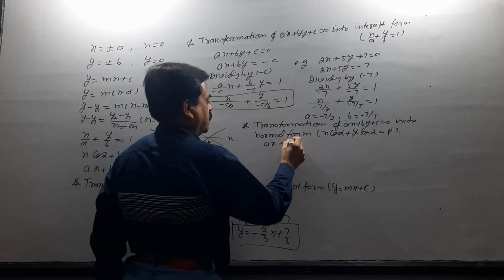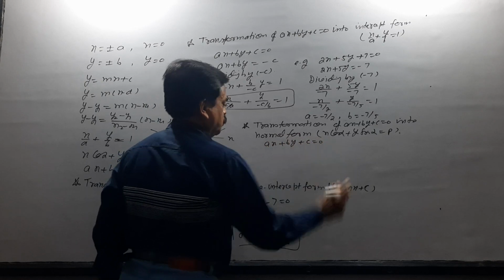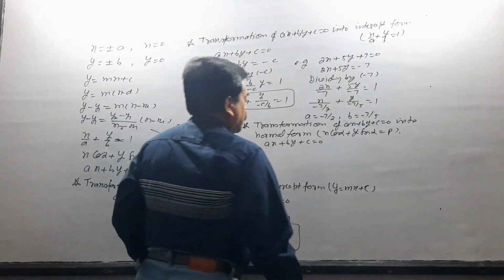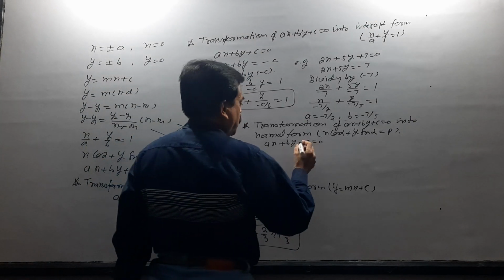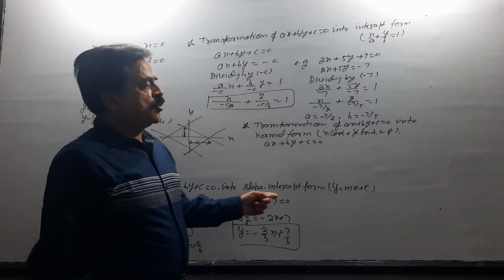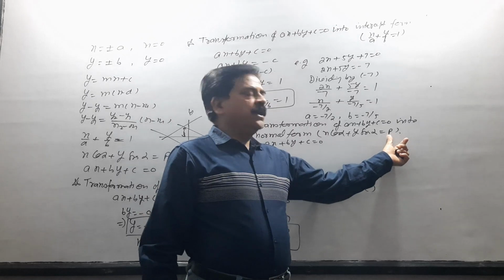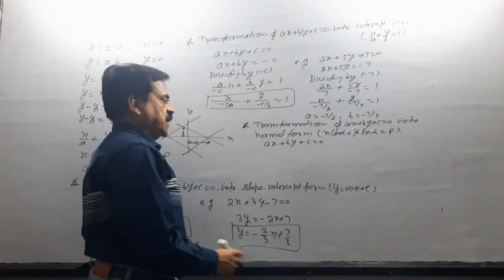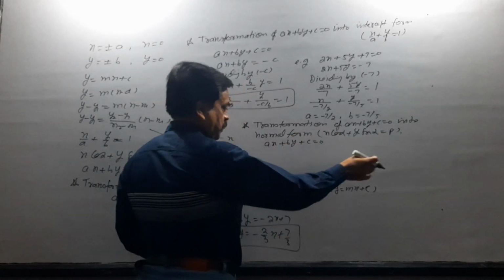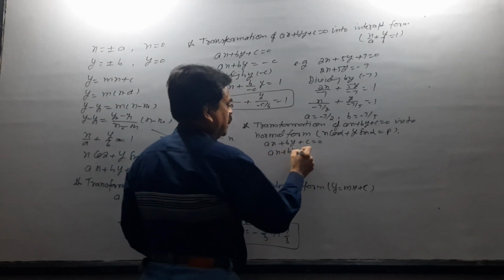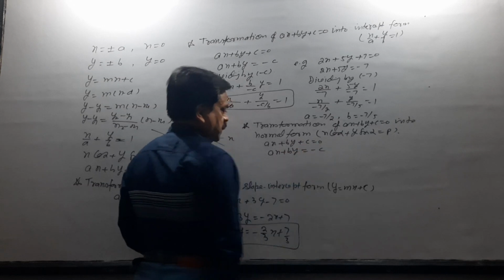Ax plus by plus c is equal to 0. Transfer this constant term to the right hand side, because in normal form the term independent of x and y is on the right hand side. Transfer this to the right hand side and keep it positive there, like ax plus by is equal to minus c.